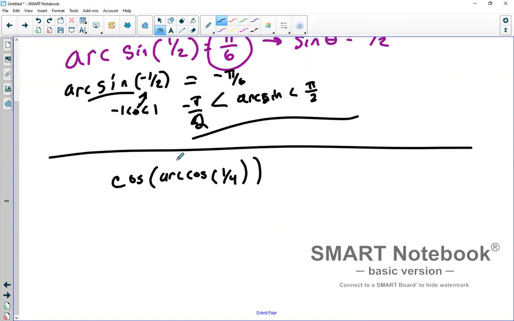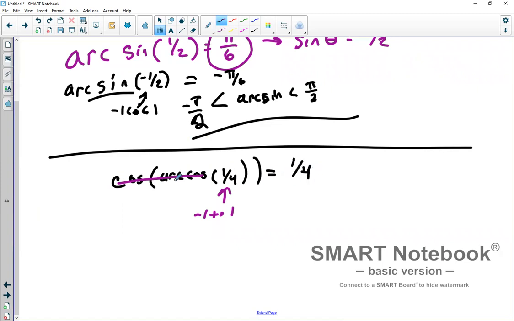Last time I showed you with the triangle, you figure out what the opposite over hypotenuse is, but then go back. Since it's cosine and arccosine, and you look inside here, just make sure it's between -1 and 1. If it's not between -1 and 1, this is impossible because arccosine stops being a function. But cosine and arccosine are opposites, and since 1/4 is allowed, you can cross this out, and your final result will just be 1/4.